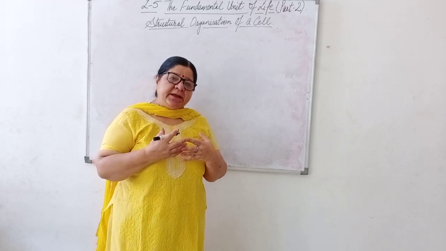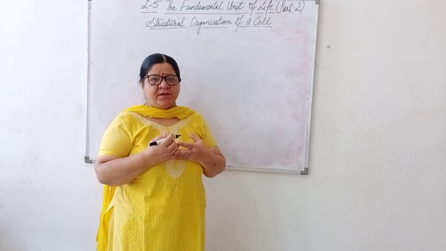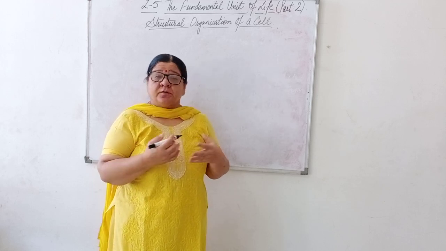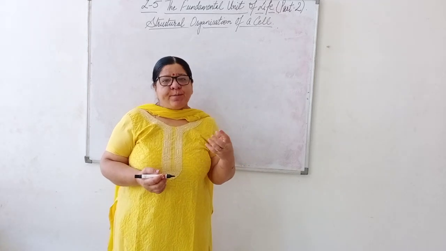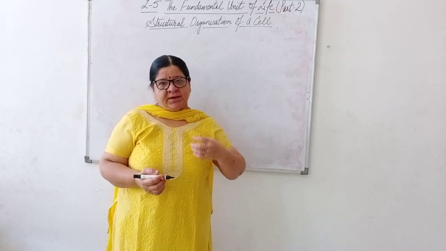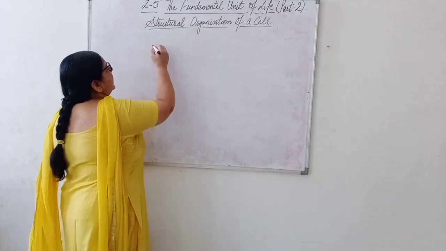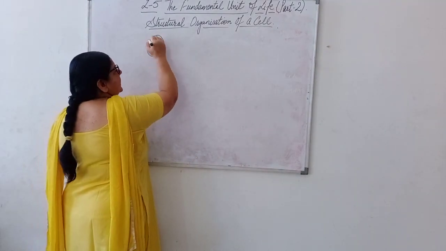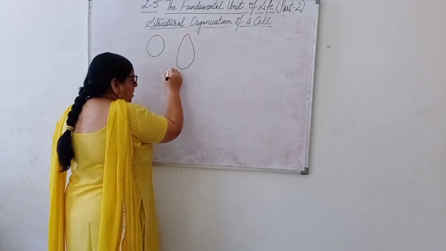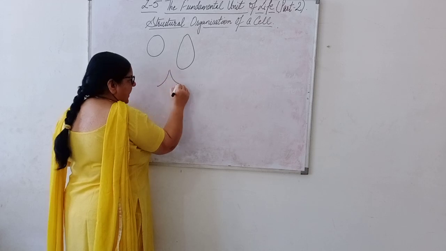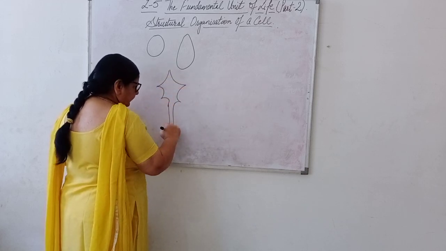Then we learned that cells may be of different shapes, different sizes, like amoeba does not have any regular shape. It can keep on changing its shape. There may be different shapes like round shaped cell or the oval shaped cell, or it can be branched like a neuron, nerve cell, right?